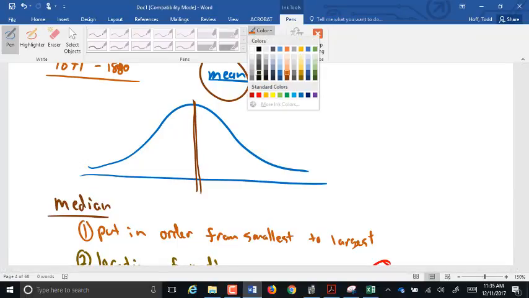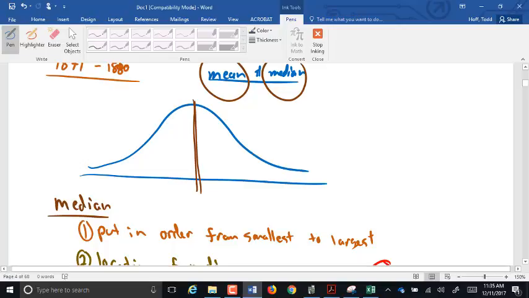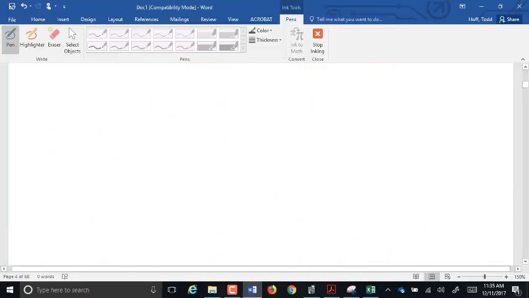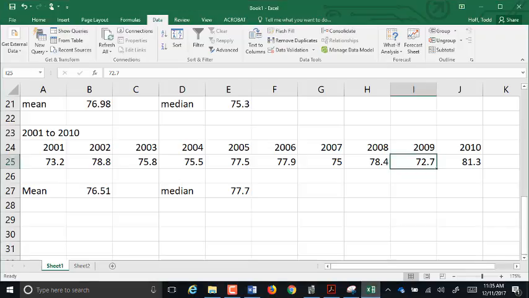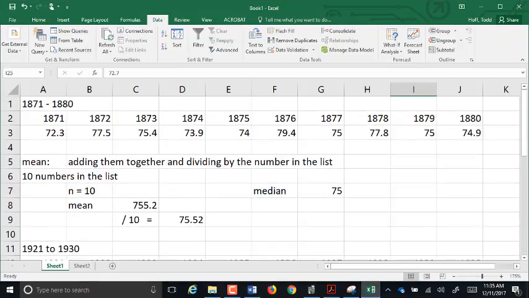The next thing we want to talk about is how do we determine how wide that bell curve is? Well, the width of that bell curve comes off of something called the standard deviation. So we're going to look at one set of numbers here and do the standard deviation.